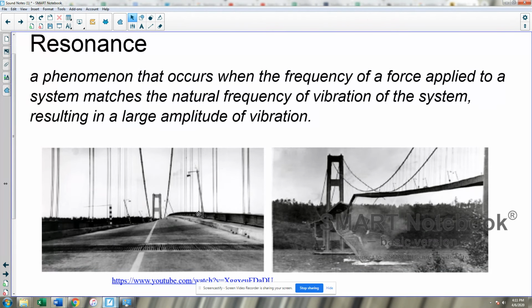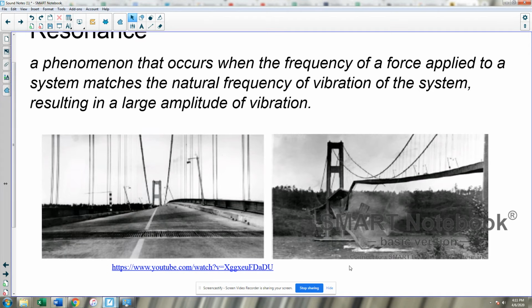We mentioned this in the waves unit, but I like to leave it in here. The Tacoma Narrows Bridge. We showed you that was a bridge in the 30s or 40s. It didn't last very long because wind would cause it to sway at its natural frequency, and eventually it collapsed, I think in the early 40s, because the wind caused a natural frequency, sort of like a bow going across a violin string.